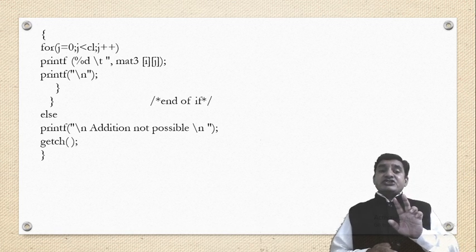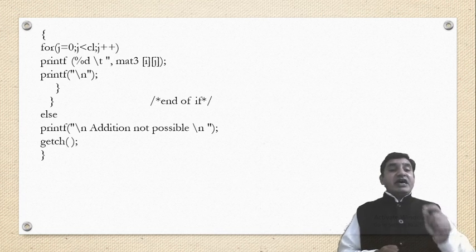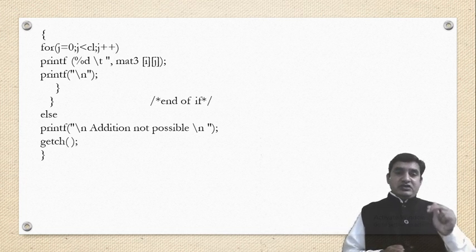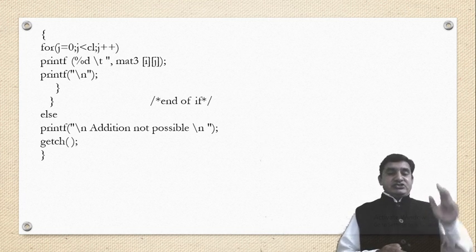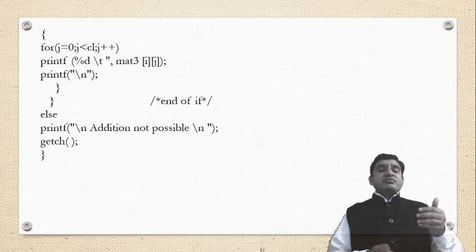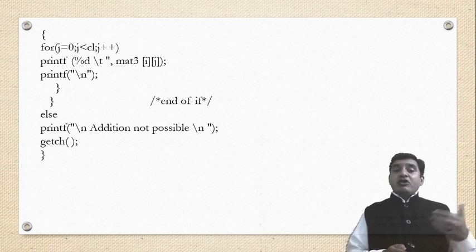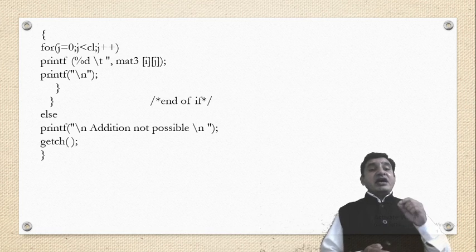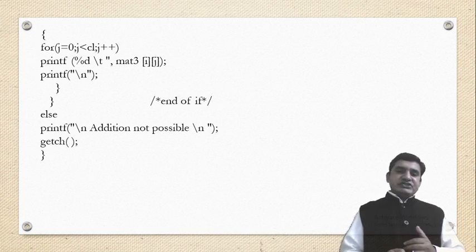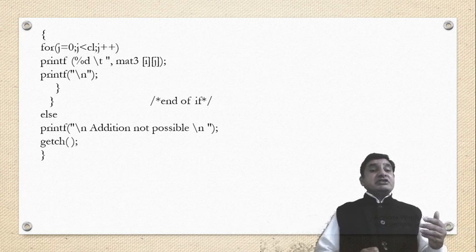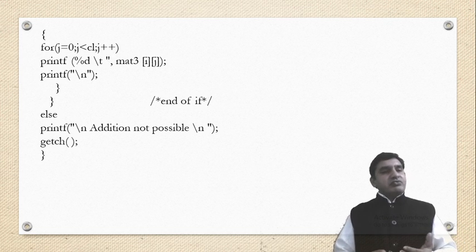If this condition is not satisfied, if this condition is false, then the execution of the program goes to the else. Then the message displayed on the screen by using the output function, that is the printf function, is "addition is not possible". Then getch. So this is a very simple program which is used to add two matrices.